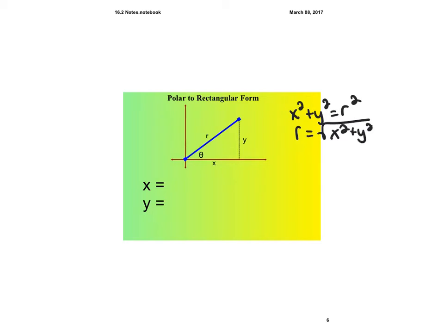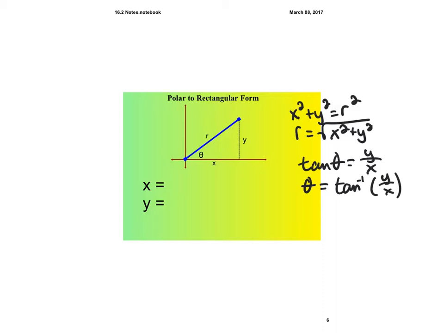Okay, that's one set of conversions that you're going to want to know. The next is that the tangent of theta is y over x, and we did this one in our last lesson, so that means theta must be inverse tan of y over x.